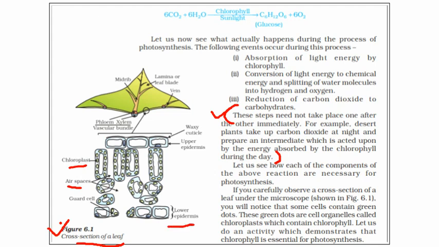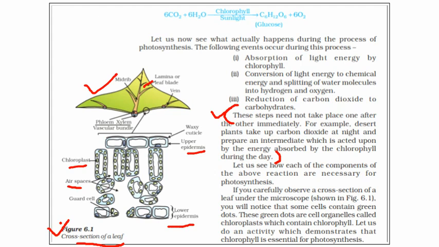This is the lower epidermis, this is the upper epidermis, this is the waxy cuticle. This is the cross section of a leaf. Here they also show the midrib, the lamina, that is the leaf blade, and also the vein. And this is the leaf and this is the inner part of the leaf.